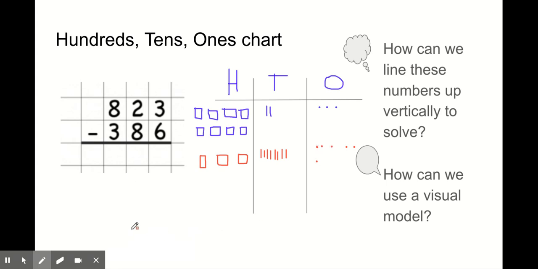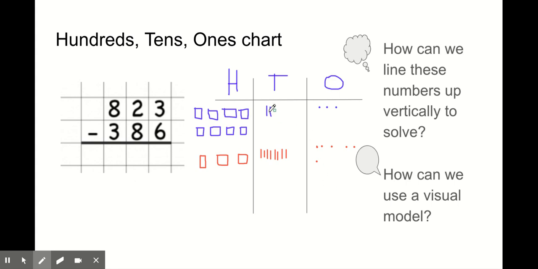What do you notice already? Well, I notice that for ones, there are more in 386 than there are in 823. So I know I'll need to borrow from the tens.